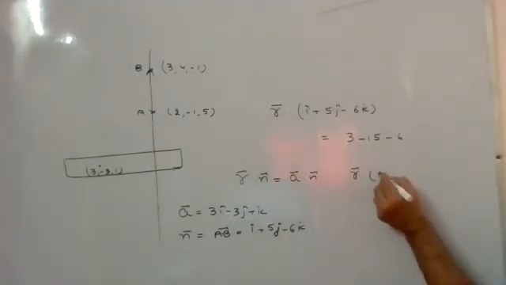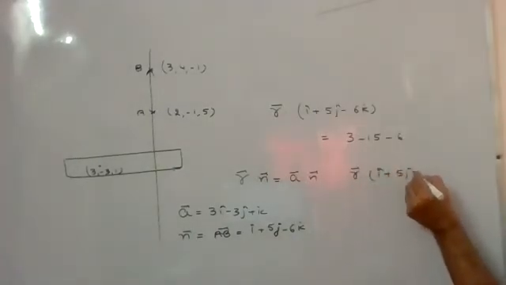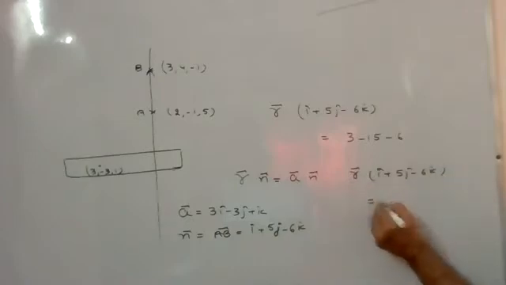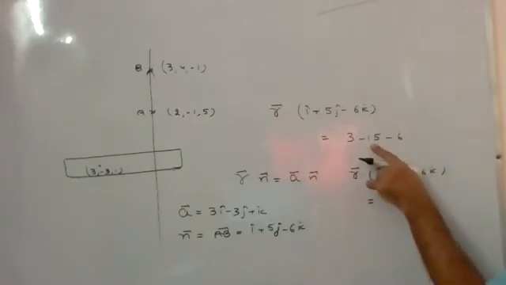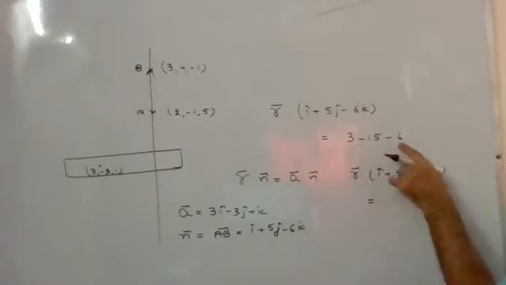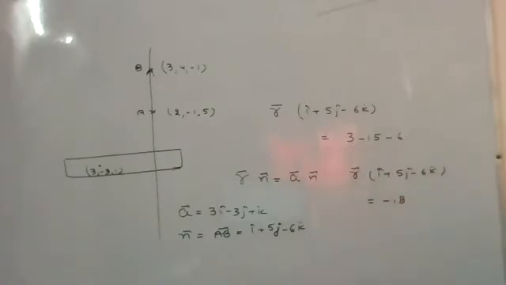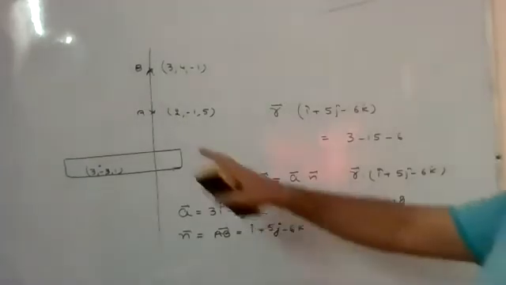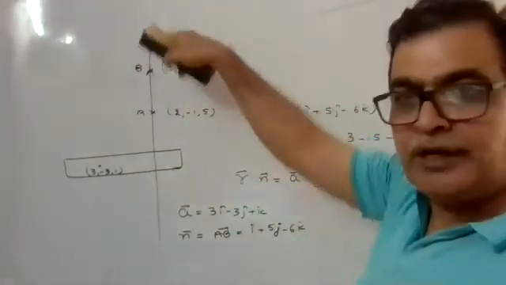R dot (i plus 5j minus 6k) equals minus 12, that is minus 18. This is the equation of the plane we have. Is it okay? It is not necessary that I should go with AB. You can go with BA also.